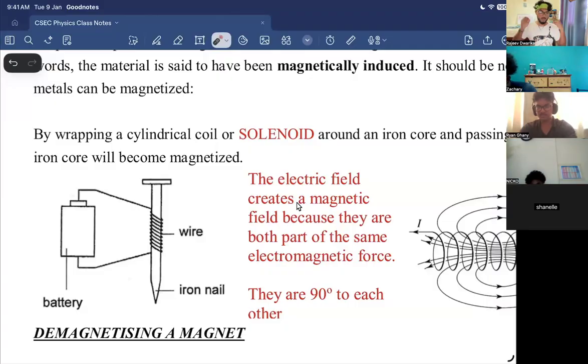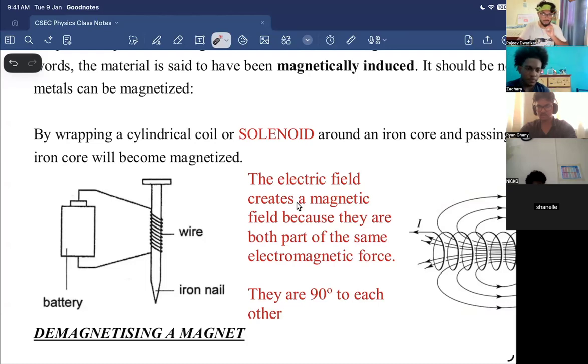So the iron nail will easily let the magnetic field pass through it, whereas air has a really low magnetic permeability. Around the wire the magnetic field will be strong, but because air has low permeability, the field drops off really quickly, because it can't pass through air as effectively as it would iron. You understand?